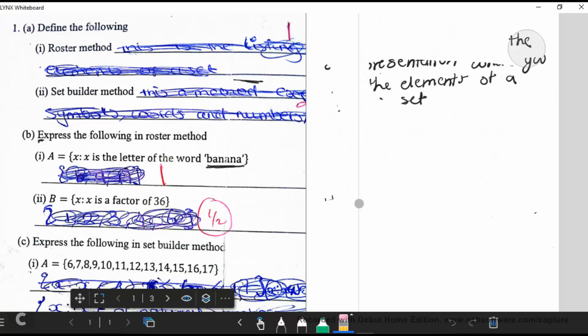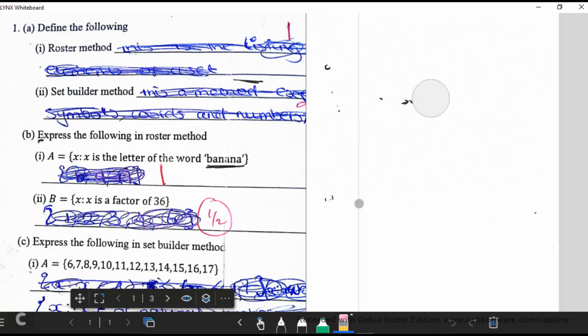Question 1B says express the following in roster method. So remember that roster method is the listing of the elements. But when we check here, they're saying that we have to express these sets in the roster method.